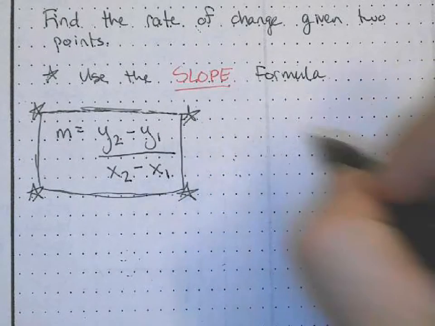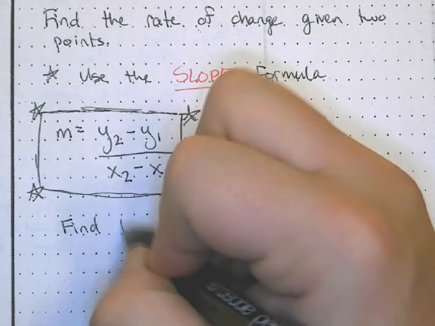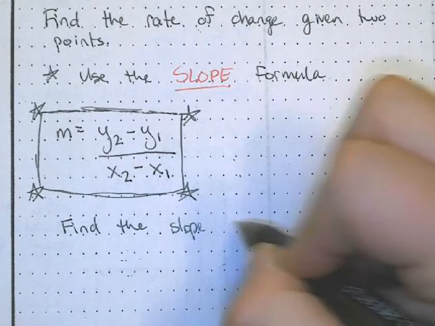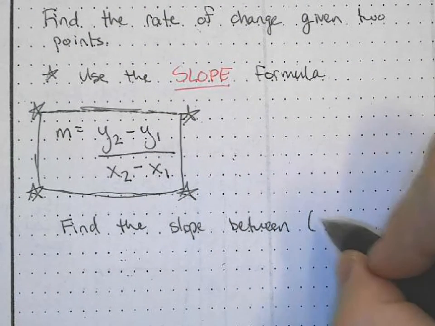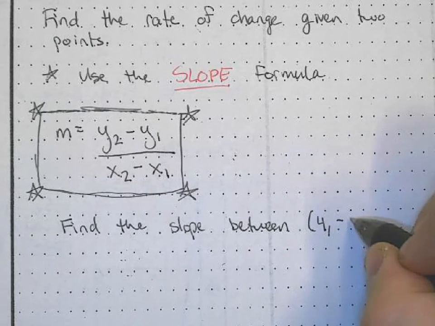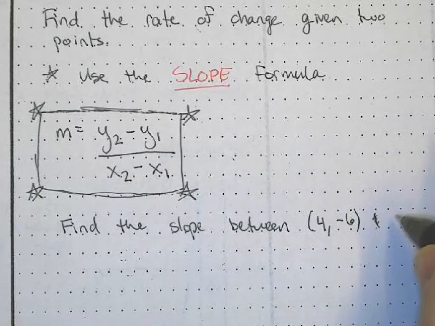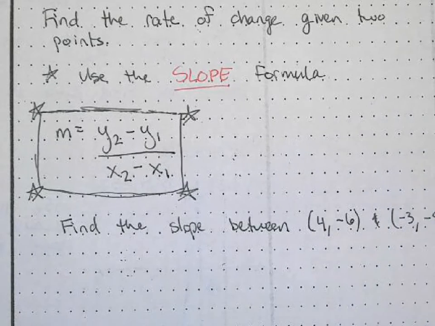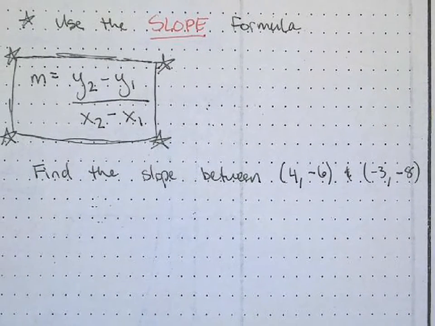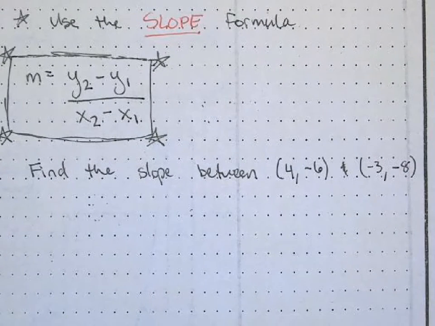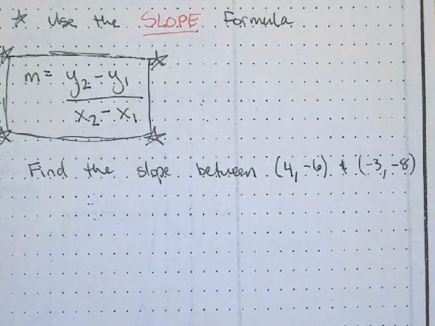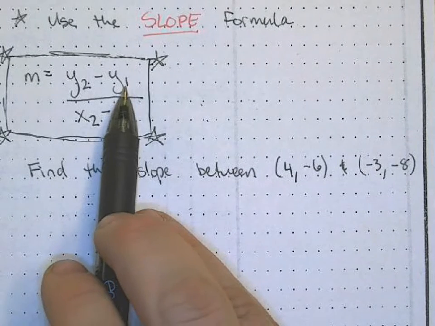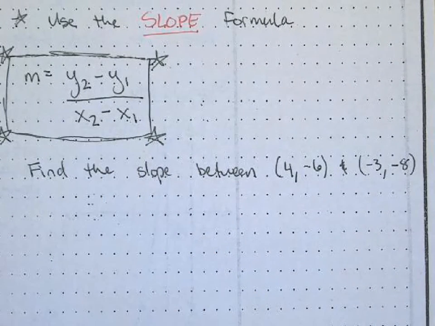So let's find the slope between 4, negative 6, and negative 3, negative 8. So the first thing I do is I label my points. So now this 2 and this 1 are just a labeling system. It's saying my first x, my first y, my second x, my second y.